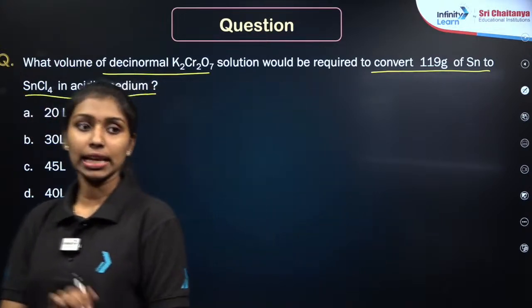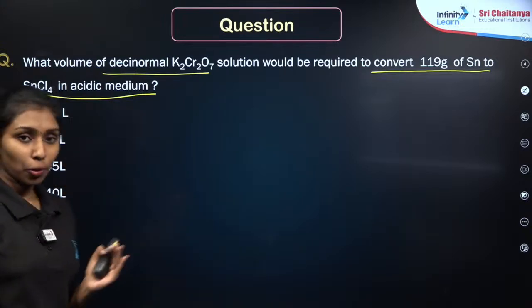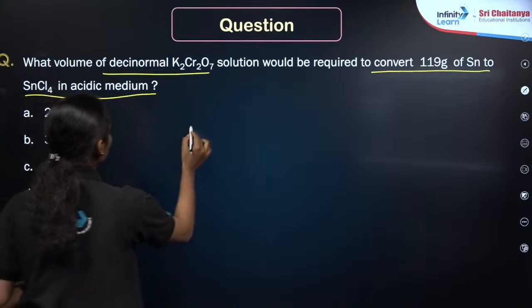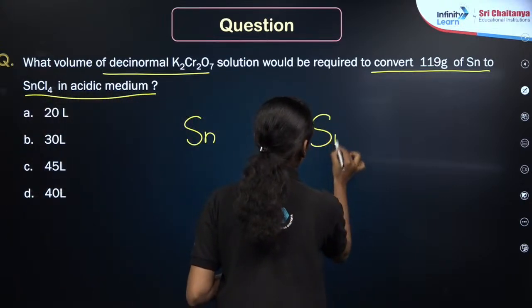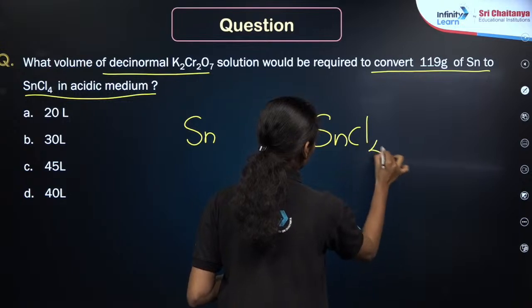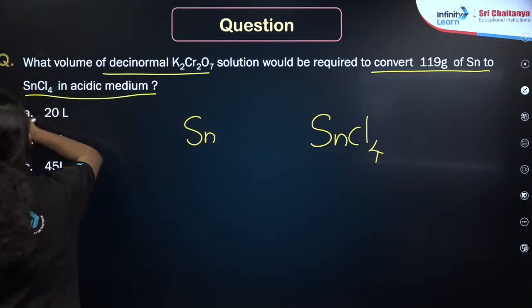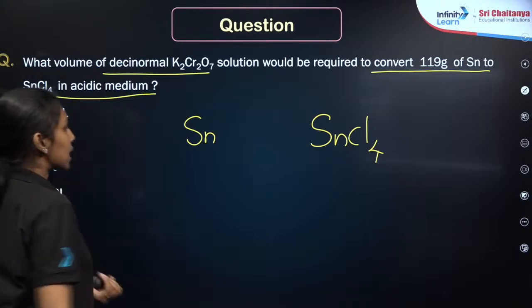Tin to tin chloride in acidic medium. The reaction is already given here. This is a dichromate titration. What is the change happening here? Tin is changing to tin chloride, right?